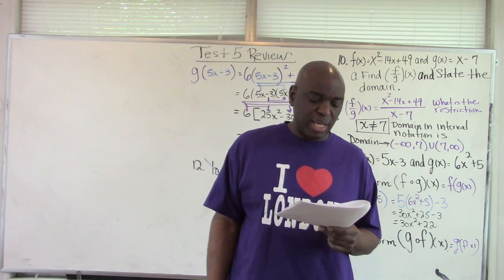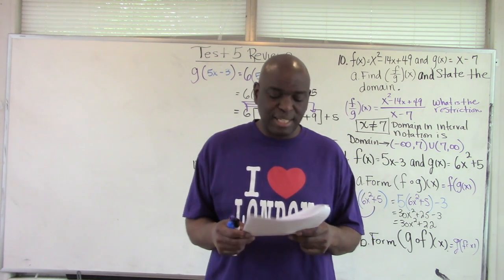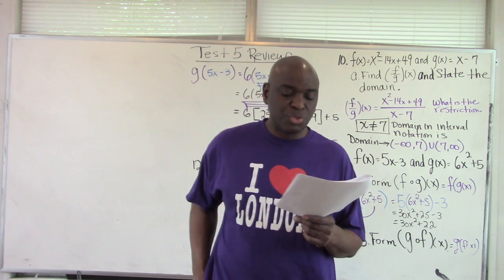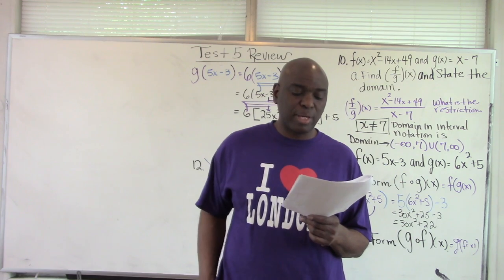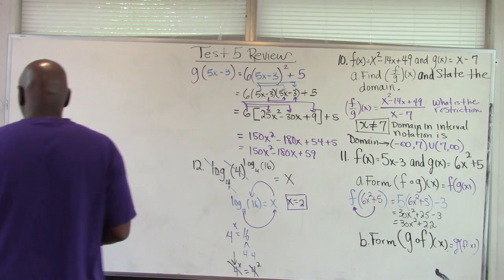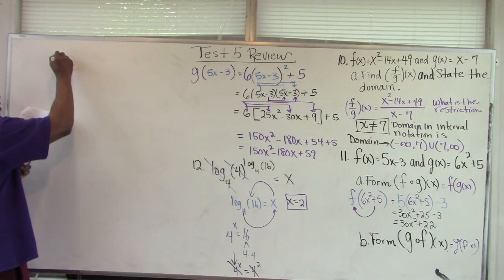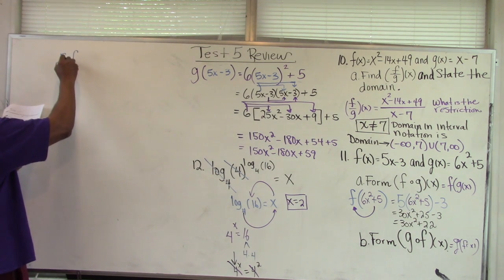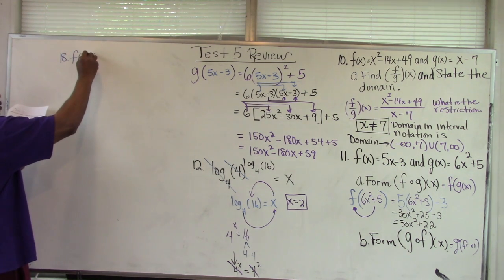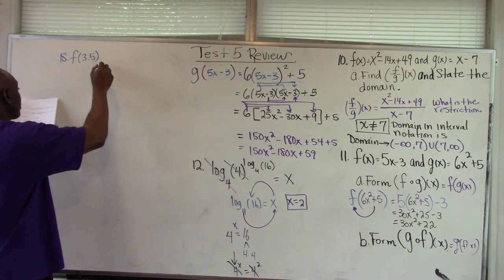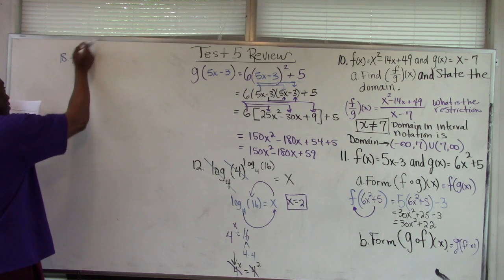Okay. And number 18, 19, and 20 use the graphing calculator. All right. So I'm not necessarily going to do it, but I'm going to show you what to do. So for number 18, you have f of 3.5. Well, let me start like this.